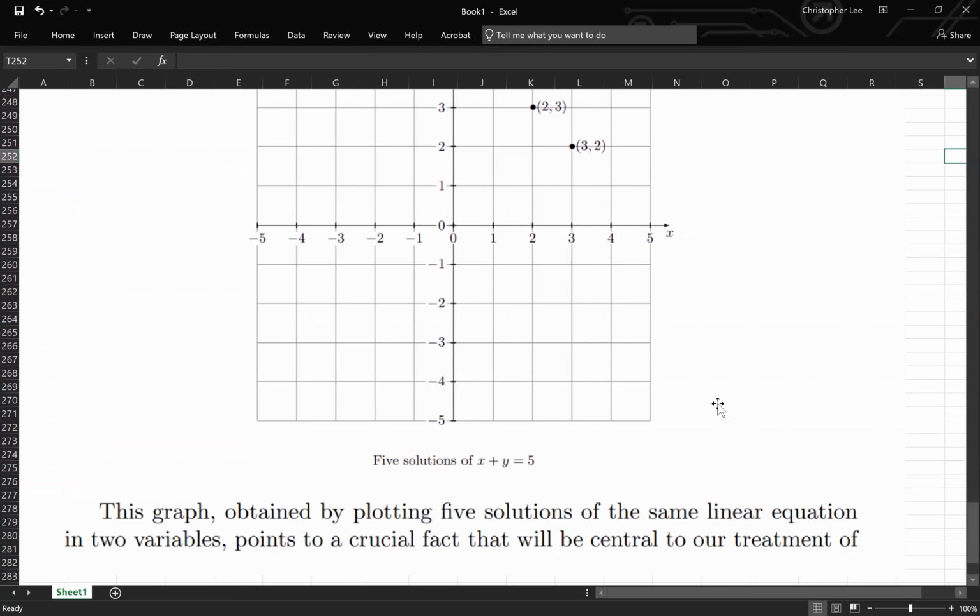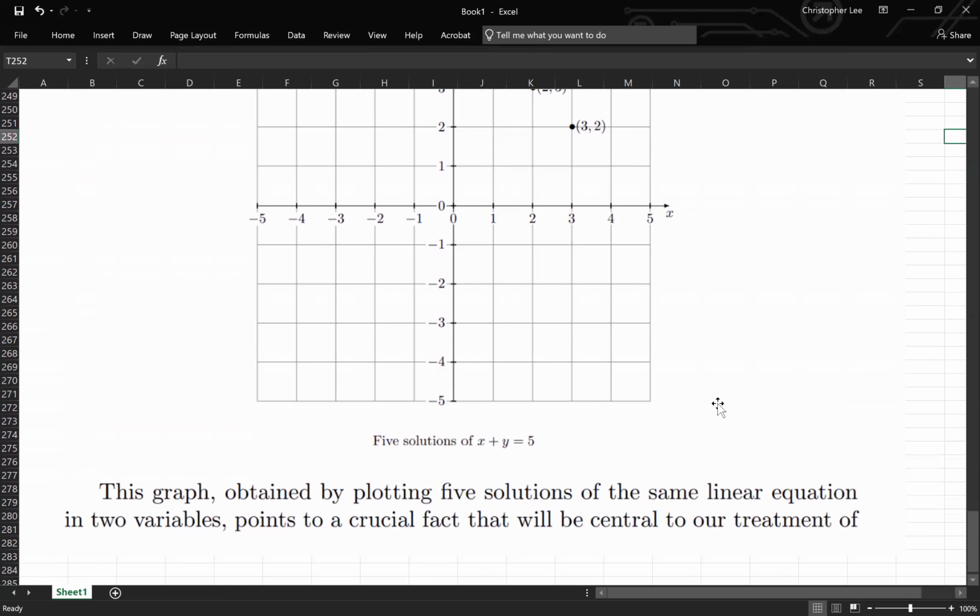It is a line. Those are the 5 solutions that we found. This graph was obtained by plotting 5 solutions of the same linear equation in 2 variables. It points to a crucial fact that will be central to our treatment of linear equations in 2 variables. Let's continue.